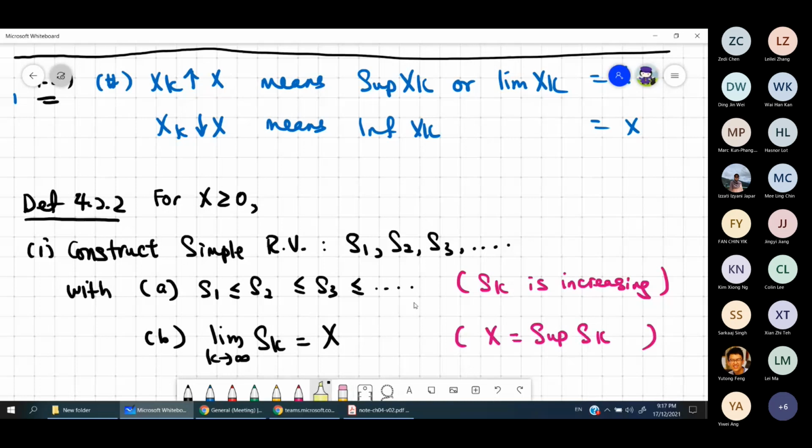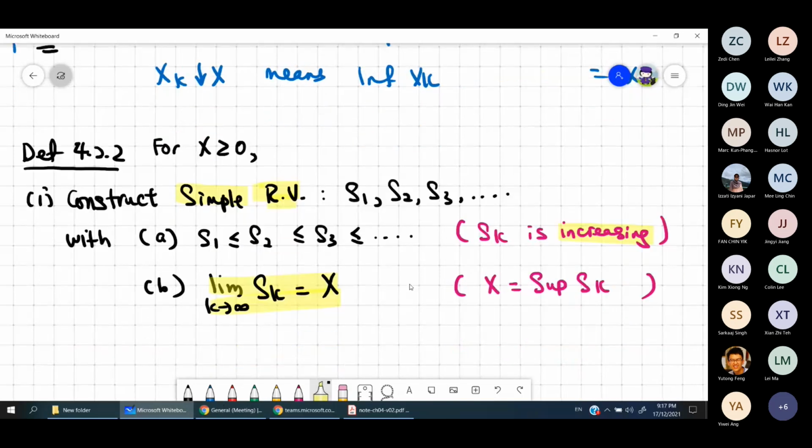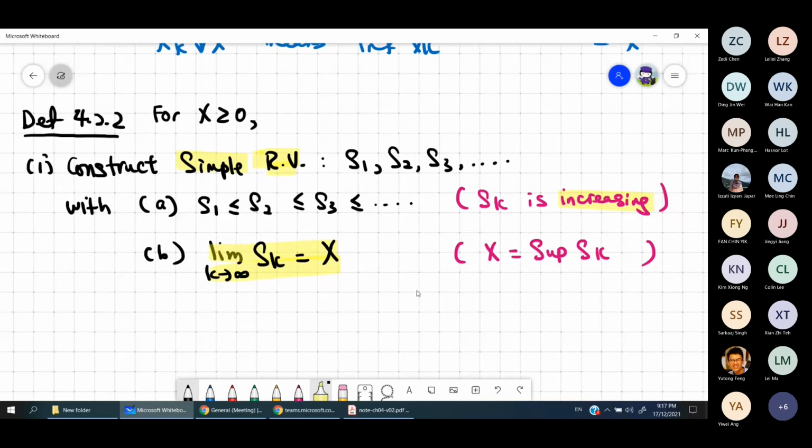So what we do is first construct an increasing sequence of simple random variables, increasing in such a way that the limit is equal to X. Simple random variables that are increasing, whose limit is equal to X. If you have this sequence, then we define E of X to be the limit of E of Sk.